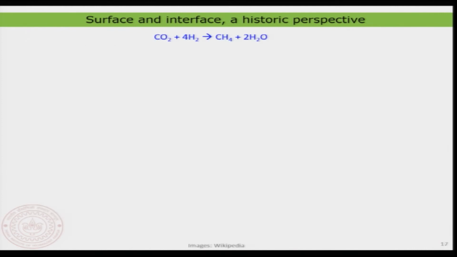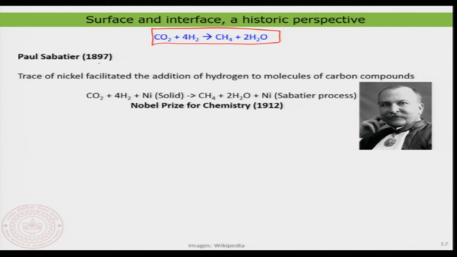Now, let us look at a few more important examples in the history. This reaction is also very important, and it was developed for introducing hydrogen atoms to carbon, for example. But when you do this chemical reaction at normal conditions, nothing would happen. Then in 1897 Paul Sabatier discovered that if you use little traces of nickel in whatever form, so it was not very clear at that time, a small amount of nickel would facilitate this chemical reaction.